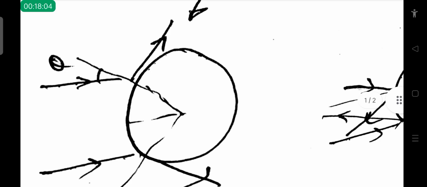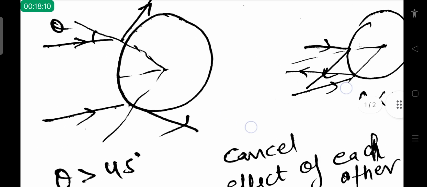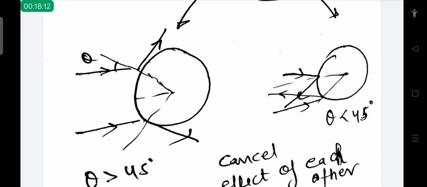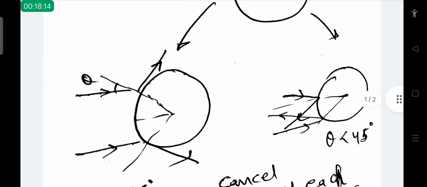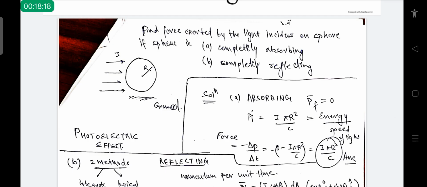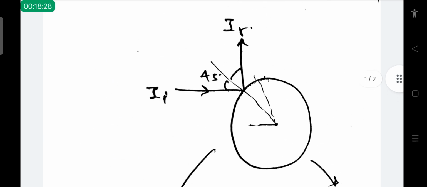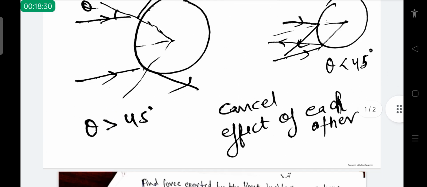Here the directions of reflection are opposite, so they will cancel each other, and we can say the final momentum would be zero in this case also. So the force would be equal to I into pi r square by c. So it's just like the situation of completely absorbing, right? So this is how you can think without solving this.